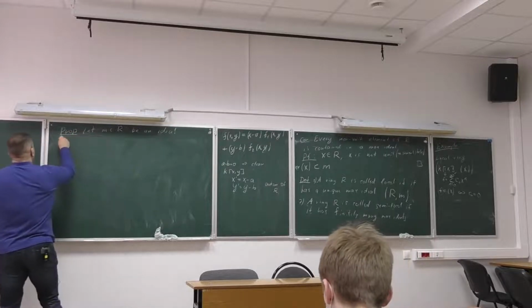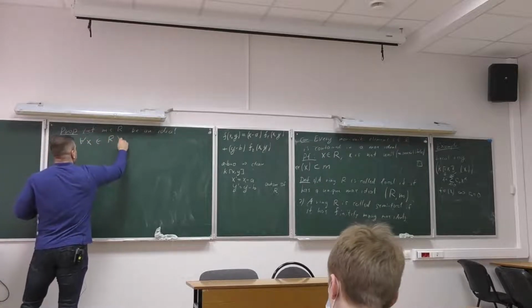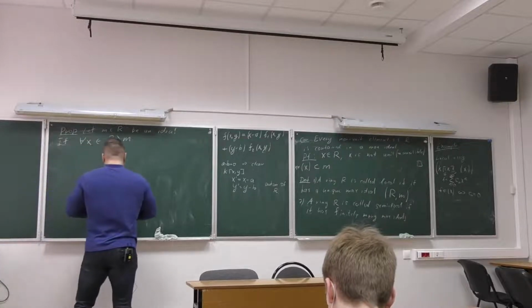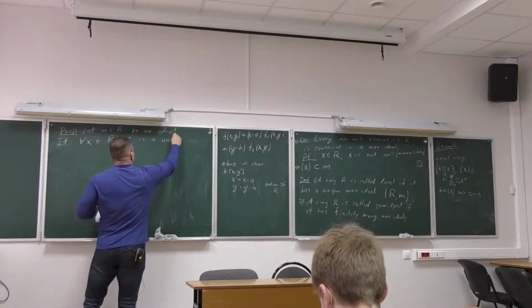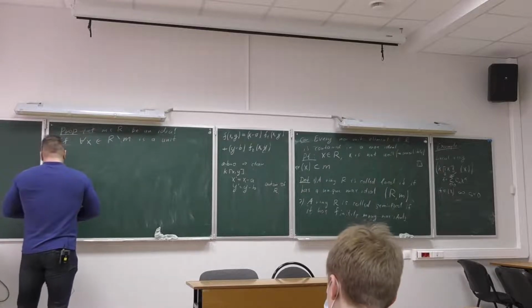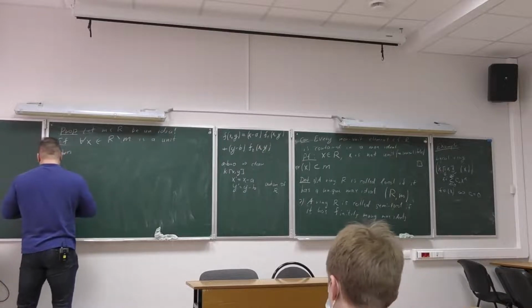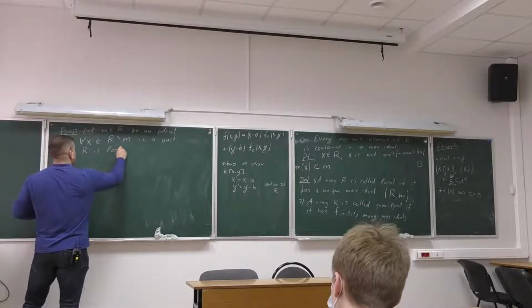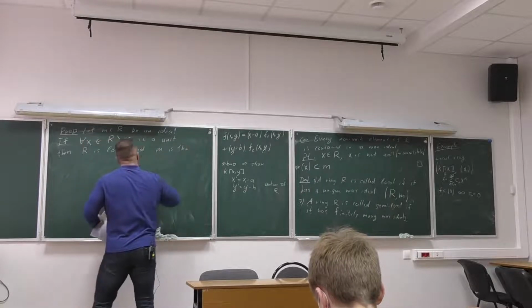If for any x which is in the ring but not in this ideal, so in the complement of M, any such element is a unit, I can say invertible, that will be the same thing. Then R is local and M is the unique maximal ideal.